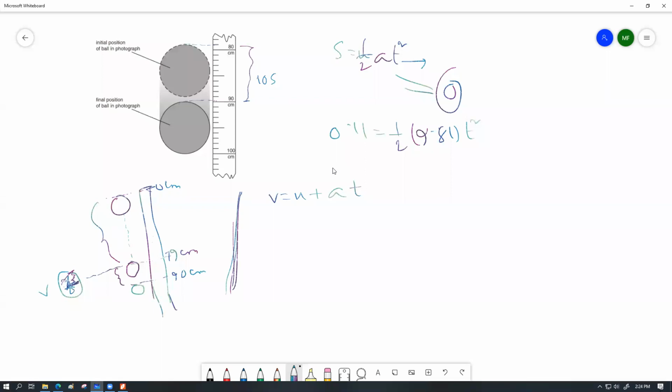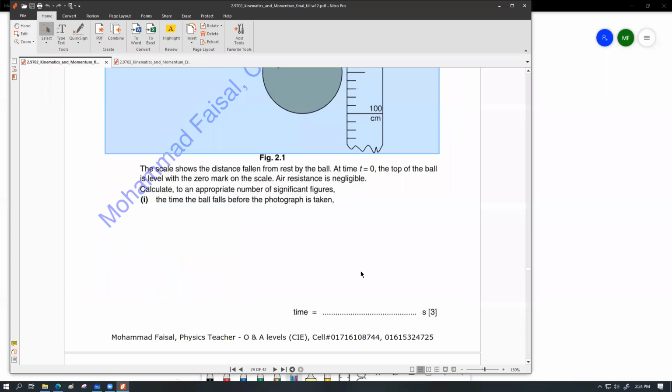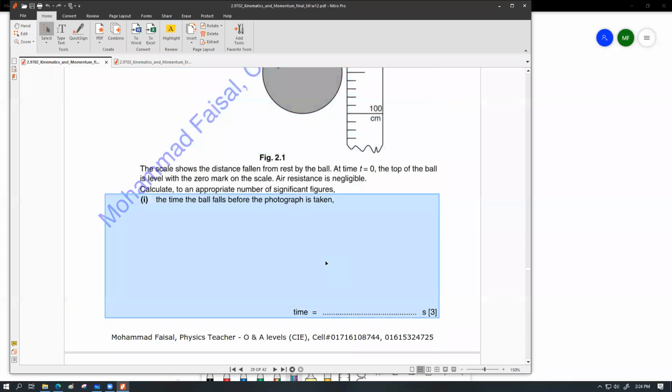In this case, for the first segment, u is supposed to be 0. So you can calculate 0 plus 9.81 multiplied by the time that you calculated out of the first equation. How much was the time from the first equation? Someone tell me this value. Anyone? Sorry, 0.40. One more digit.